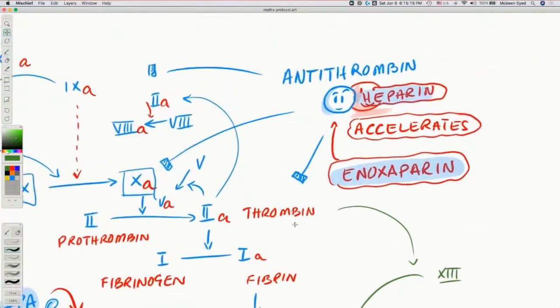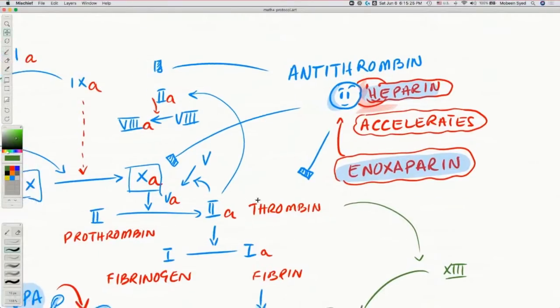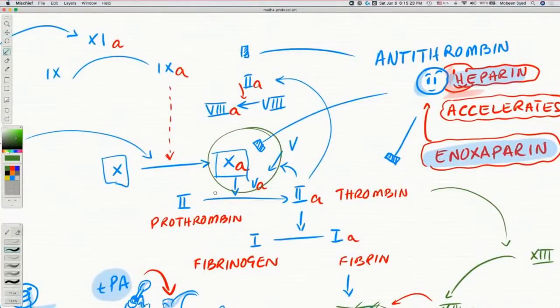For that, we have heparin. Heparin combines with the antithrombin and accelerates the function of antithrombin. Antithrombin then blocks the clotting factors, and so it blocks the whole cascade of the clotting, and the clotting stops.